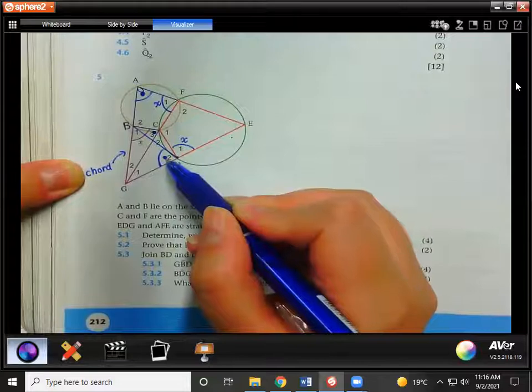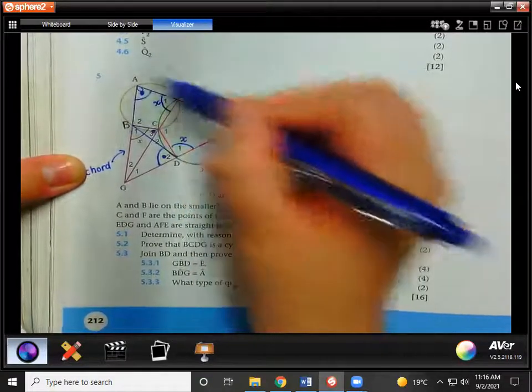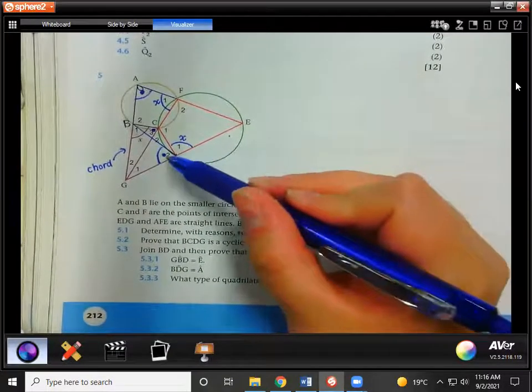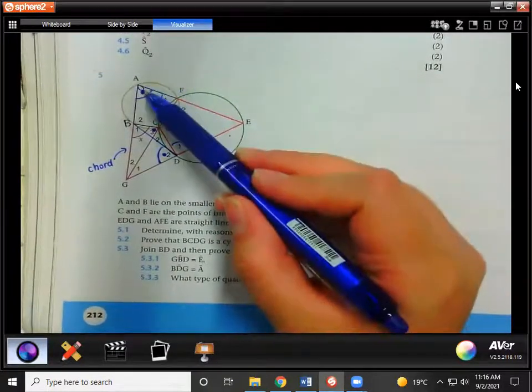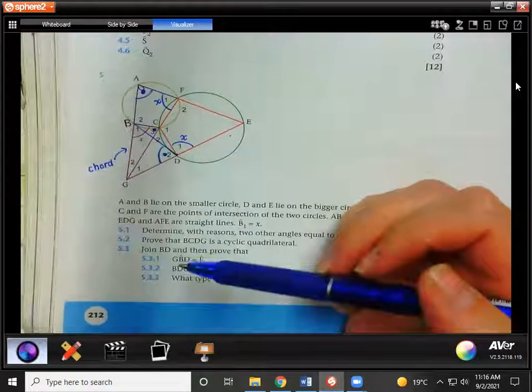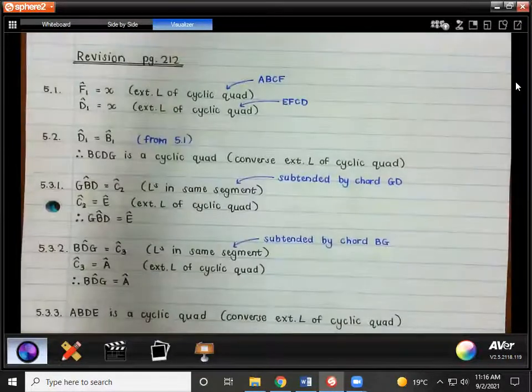And we see that it is in fact equal to the opposite interior angle in this whole quad now, okay, because that's the one that they're asking us about. So if the exterior angle is equal to the opposite interior angle, then it is a cyclic quad. And the reason for that will then be converse exterior angle, like we did at the beginning.